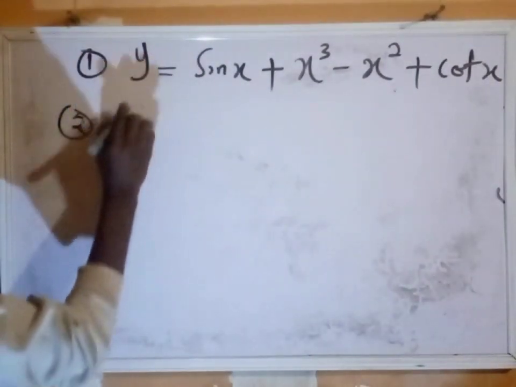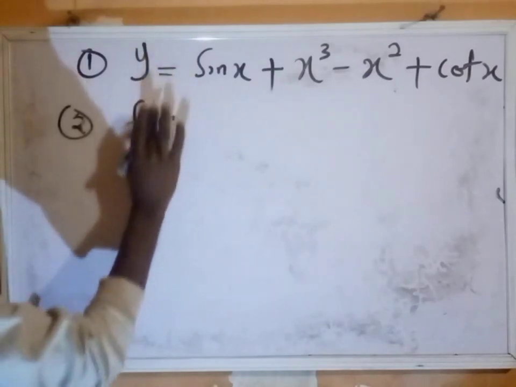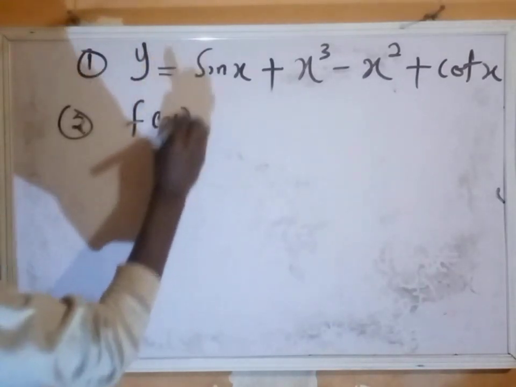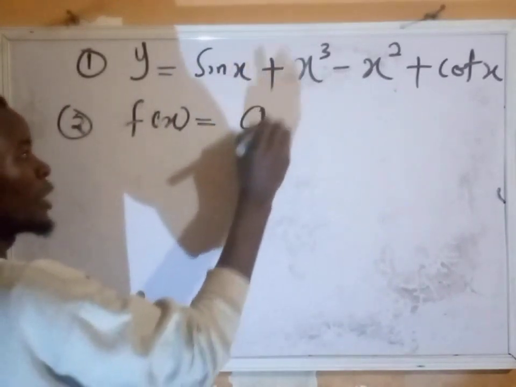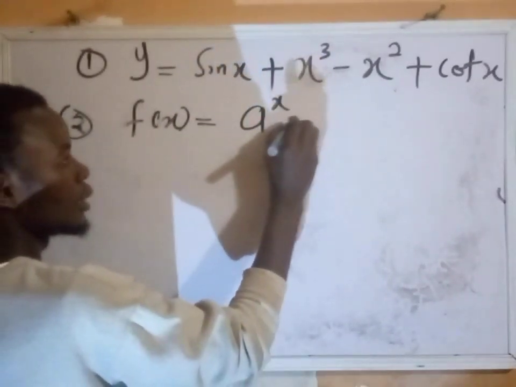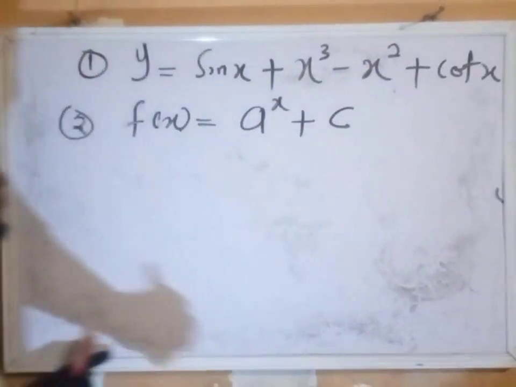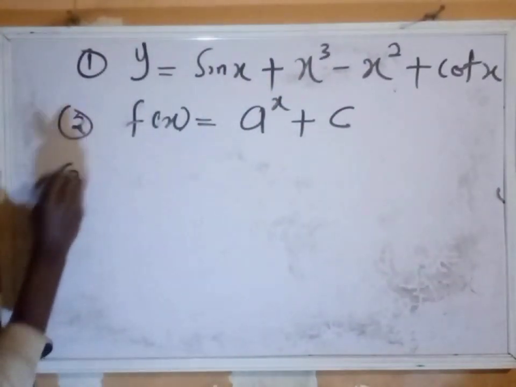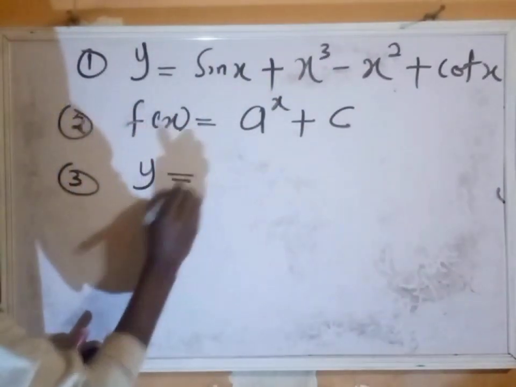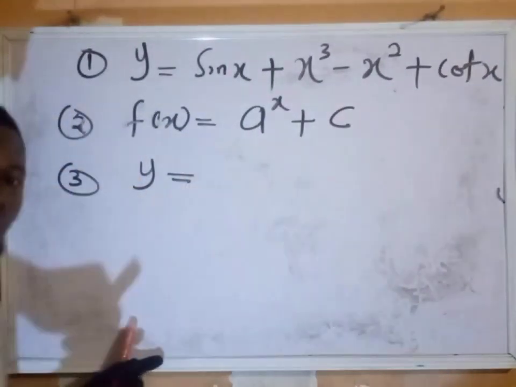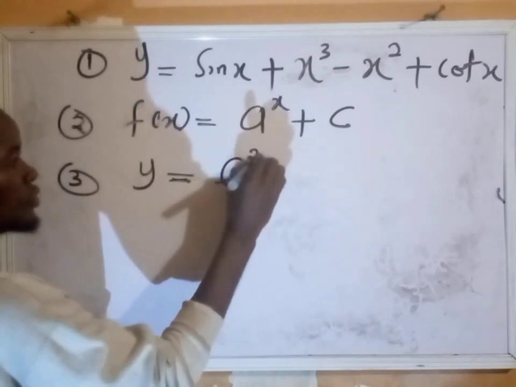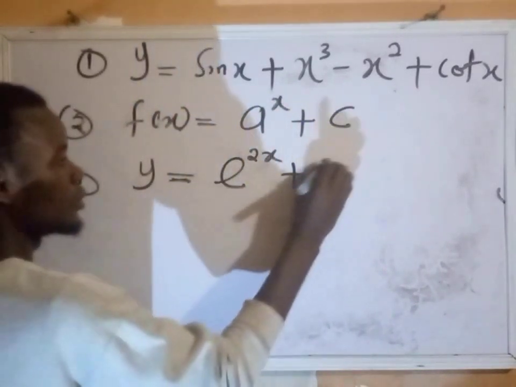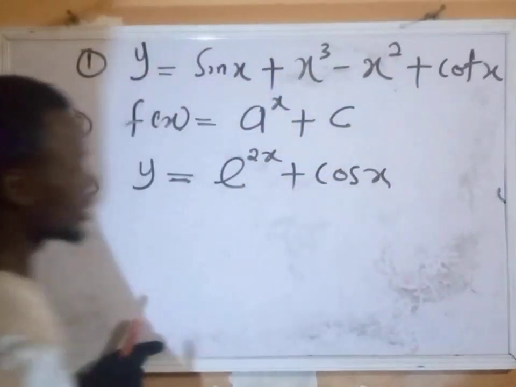Number 2: if you have f of x equals a raised to the power of x plus c. Number 3: let's say we have y equals exponential of 2x plus cos x.